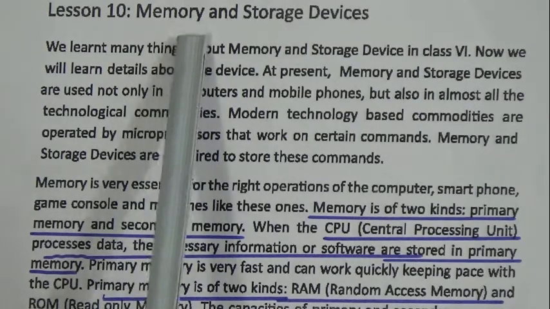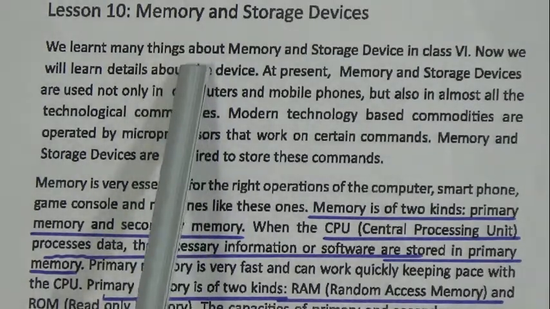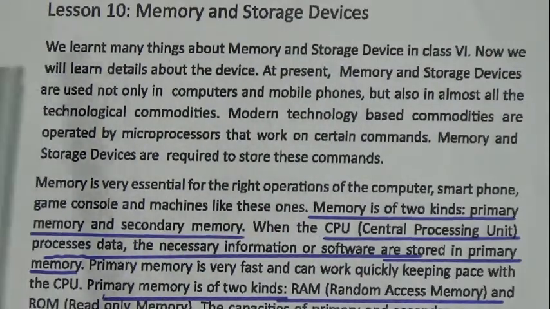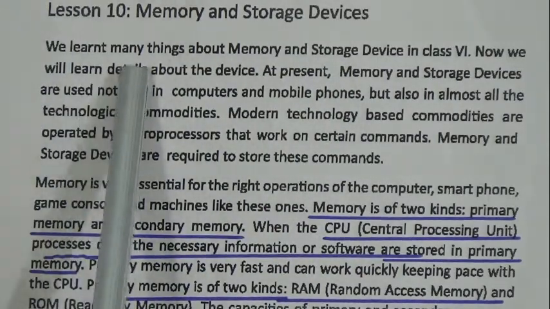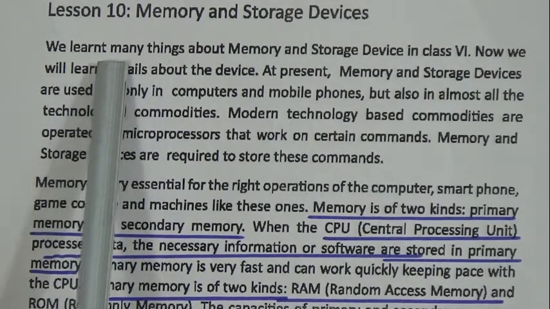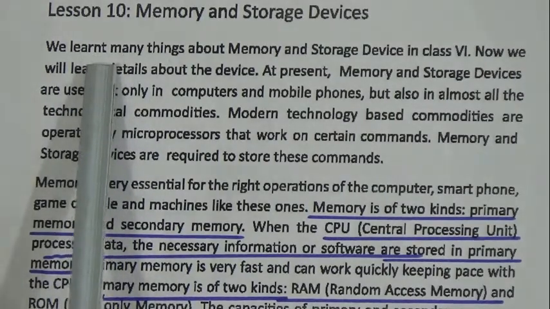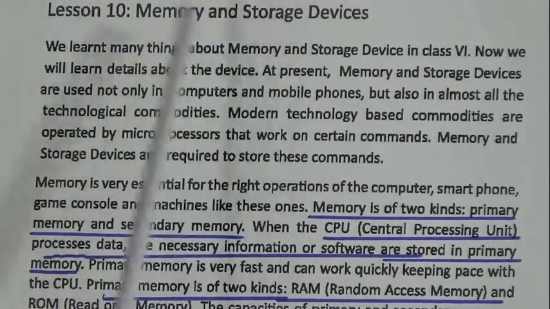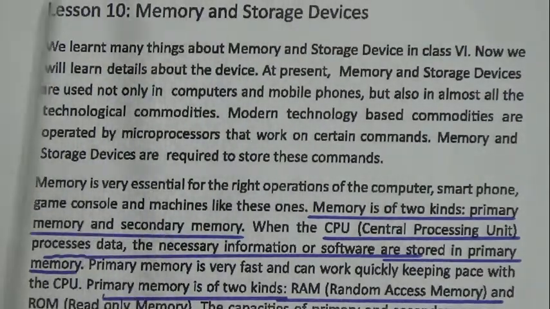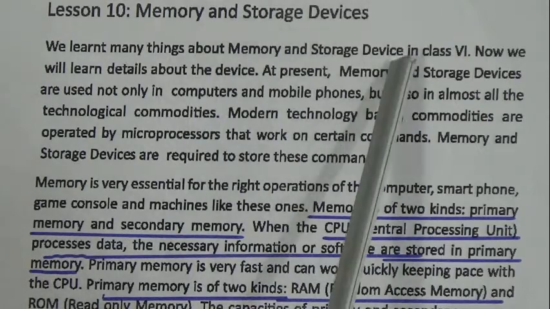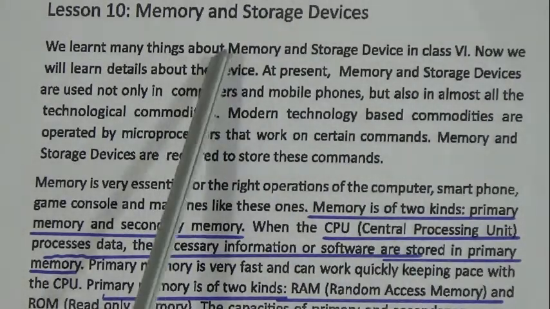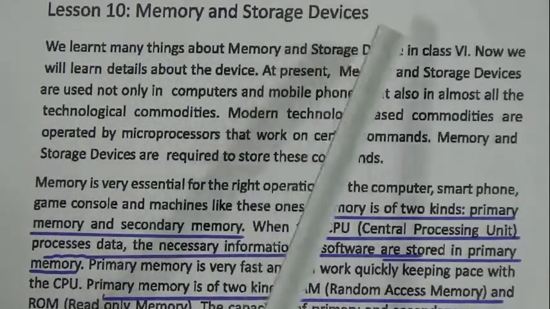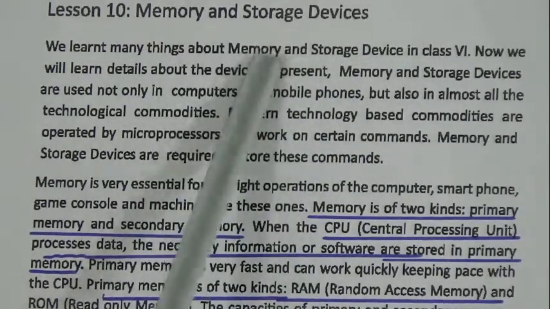In computing, memory is a device or system that is used to store information for immediate use in a computer or related computer hardware and digital electronic device. So memory is used to store any information in the computer. That is memory. And memory and storage device work in a similar way.